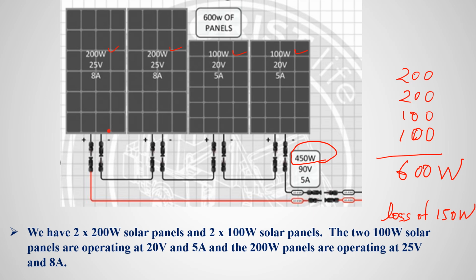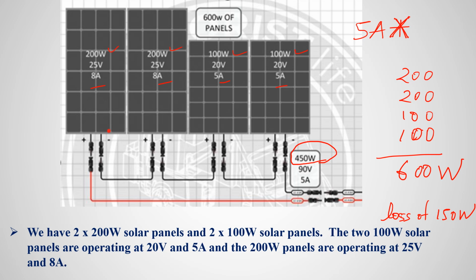Why did this loss happen? Because the connection here is a series connection. Series connection means the current rating should be the same, but we have 5 ampere, 5 ampere, 8 ampere, 8 ampere. So the lowest current rating will be considered in the output. The lowest current rating is 5 ampere, and the voltages will be added. So multiply by voltage: 25 plus 25 is 50, 50 plus 20 is 70, 70 plus 20 is 90.